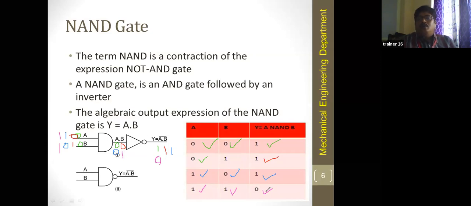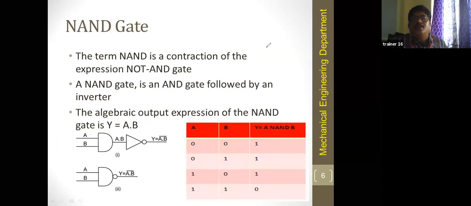So you have to do it like that. Do you understand the NAND gate? This table we can call a truth table.